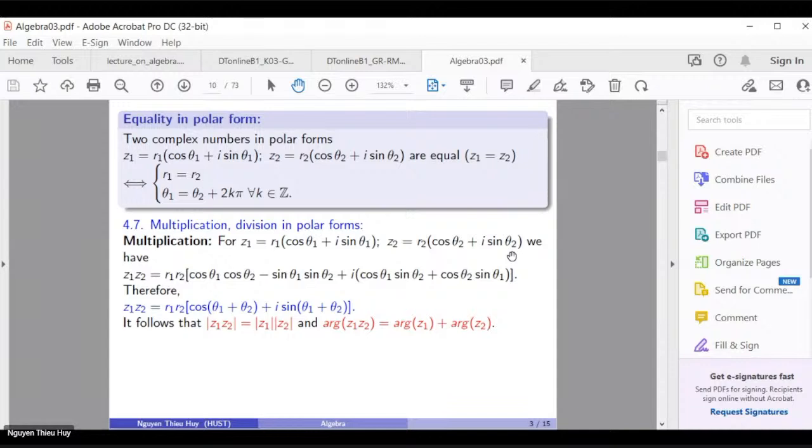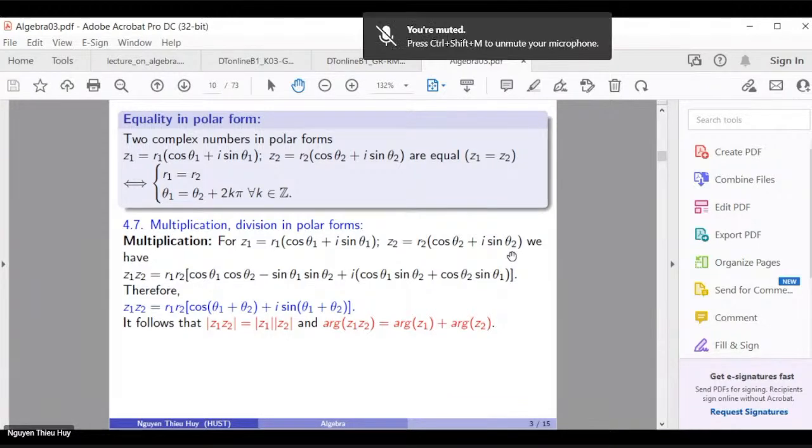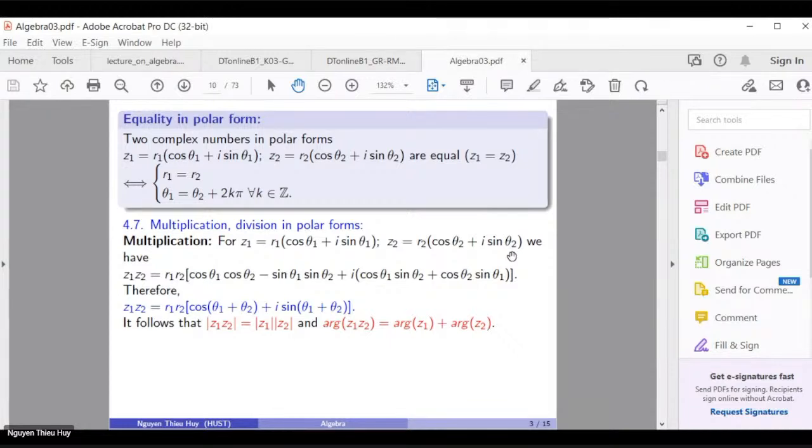So we have here, I should multiply in the usual way, as we are in the set of real numbers. The only thing I have to pay attention to is that i squared is minus 1.